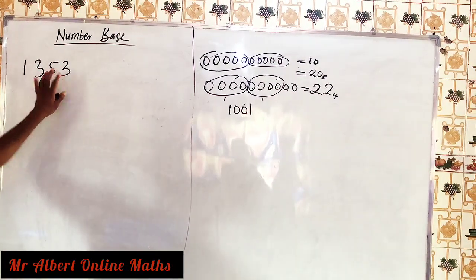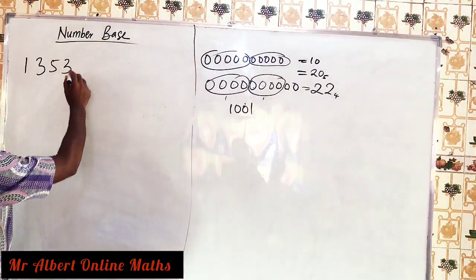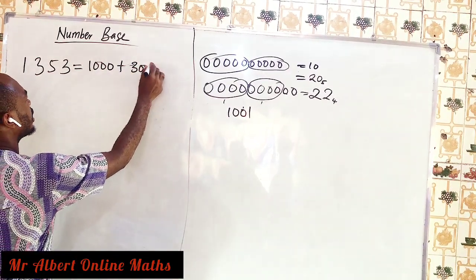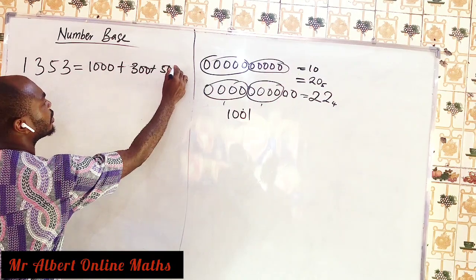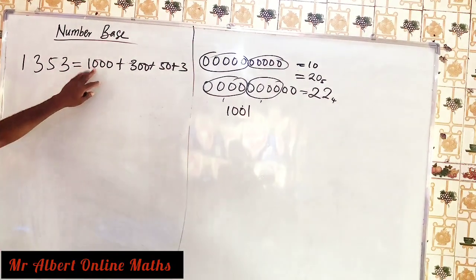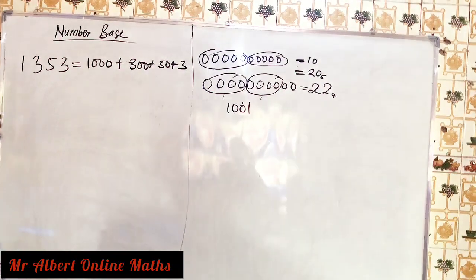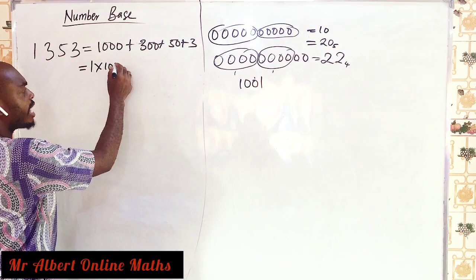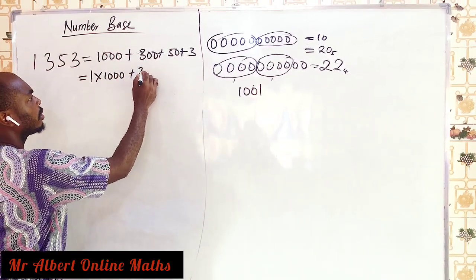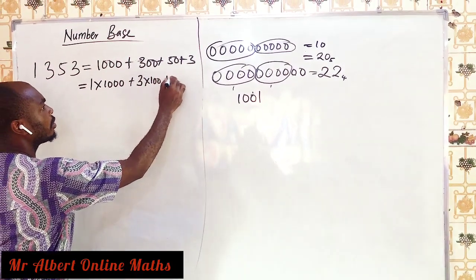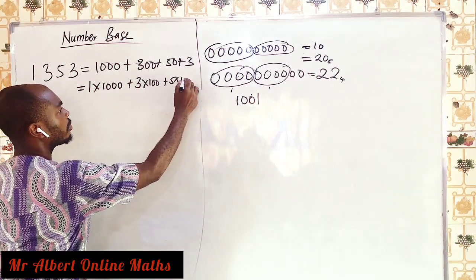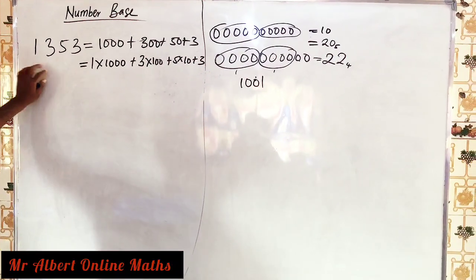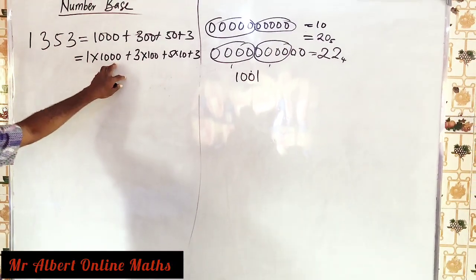Now let us consider this number in base 10. If I write this number, 1353, in expanded form, take note of this 1000.